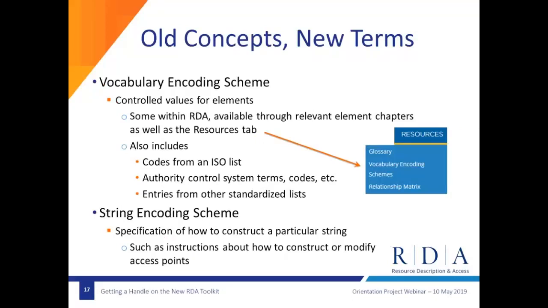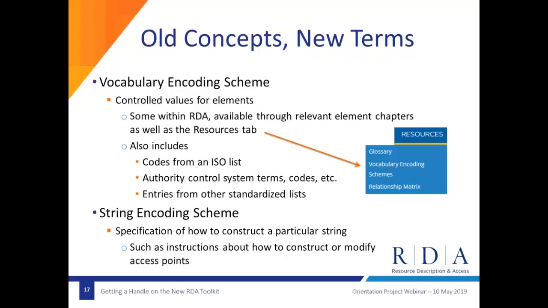This is really just controlled values for elements. Some are available in RDA on an element page, as well as via the Resources tab. If you drop down, you can click on the established vocabulary encoding schemes that are maintained within RDA. But vocabulary encoding schemes can also come from outside of RDA, such as language codes from an ISO list, or authority control system terms or codes or entries from other standardized lists.